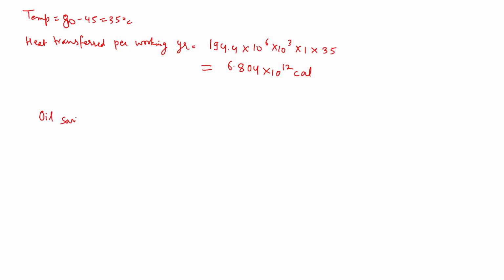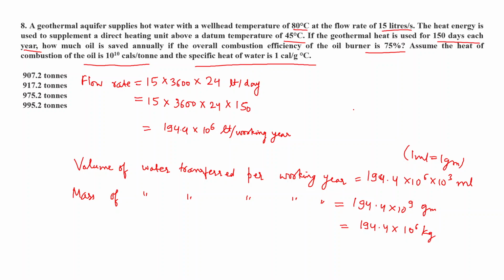So now, oil saved per working year. If we take that 100% efficiency is there in the combustion of oil, that 100% of the oil gets converted into heat, and as the heat of combustion of oil is 10 to the power 10 calories per ton, this amount of heat is generated per ton.